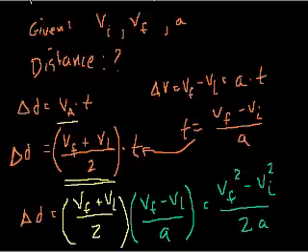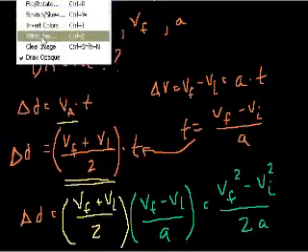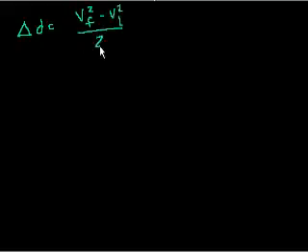That's exciting. Let me write that over again. So the change in distance is equal to Vf squared minus Vi squared divided by 2 times acceleration. And we could play around with this a little bit.